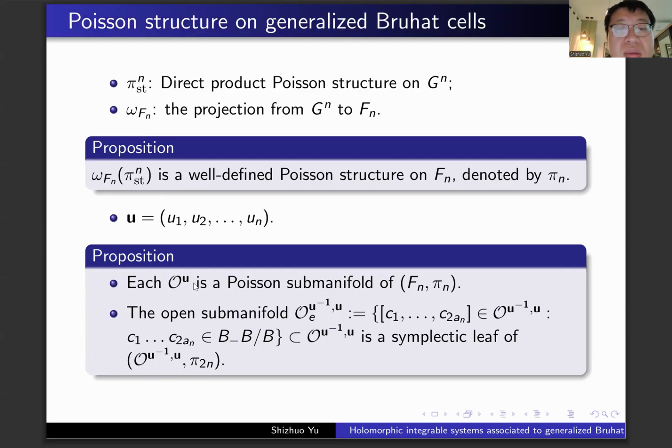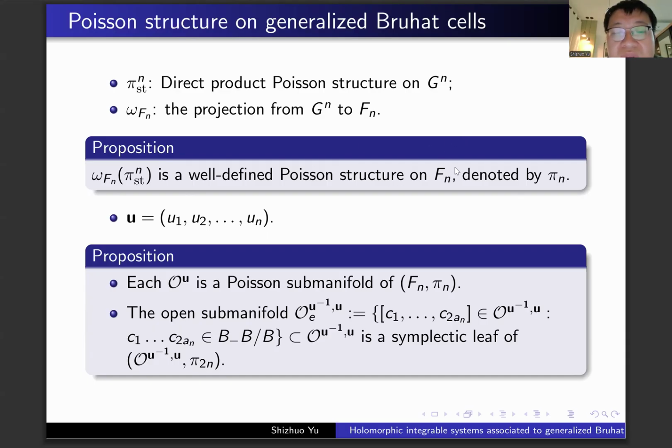And now we will introduce the standard Poisson structures on the generalized Bruhat cells. First, on the multi-flag lattice, we have a well-defined Poisson structure, which is the projection from the direct product Poisson structures, and we take the twisted quotient.